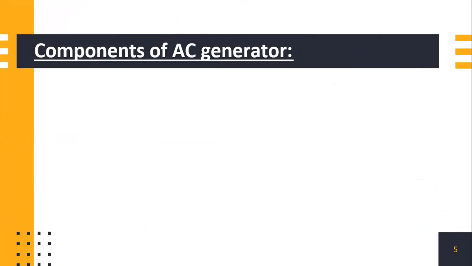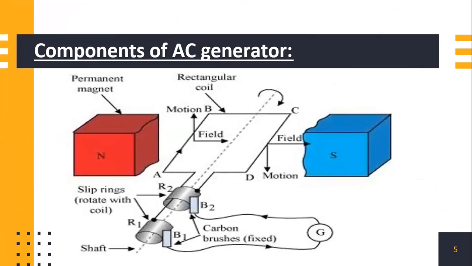Components or parts of an AC generator. As you see in the diagram, these are the magnet, poles of the magnet, north pole, south pole. This is the rectangular coil. These are two slip rings. Previously we did the DC motor, in which we used a split ring commutator, but in this we are using slip rings.